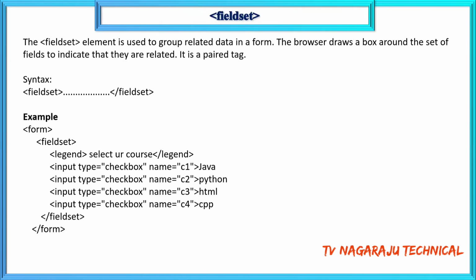The next one is fieldset. The fieldset is used to group the related data in the form. Simple thing: the fieldset draws a box around the fields. For example, 5 fields are there, and those 5 fields are grouped by using a box.